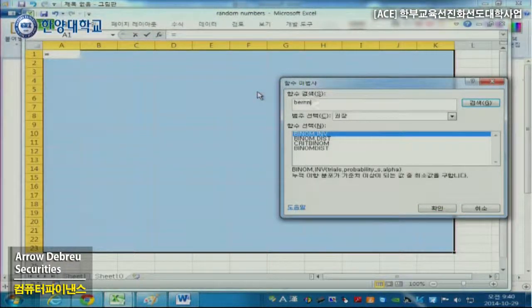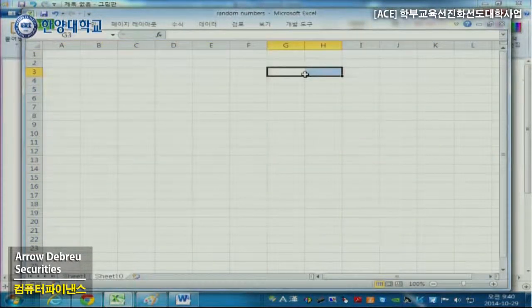Anyway, I cannot find the Excel function for Bernoulli numbers, but basically we can do it with Excel. Okay, we can write the code. How can I do that? Any idea?